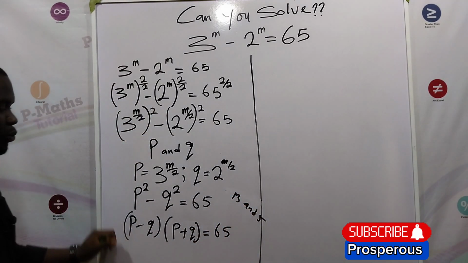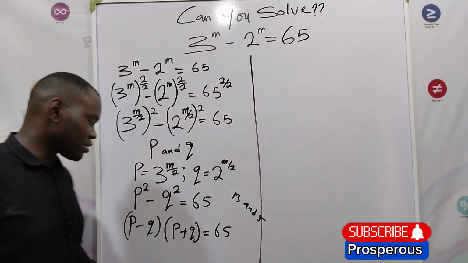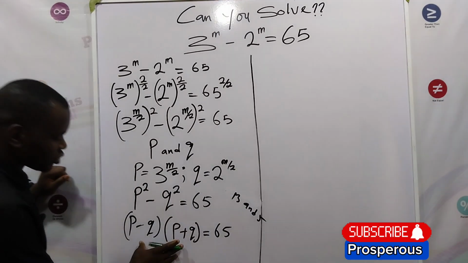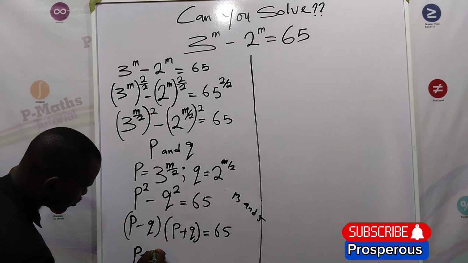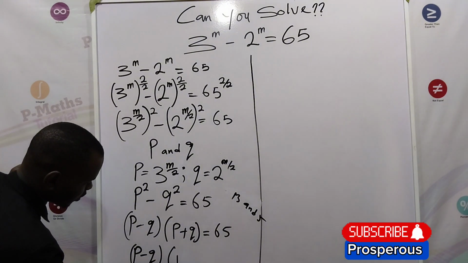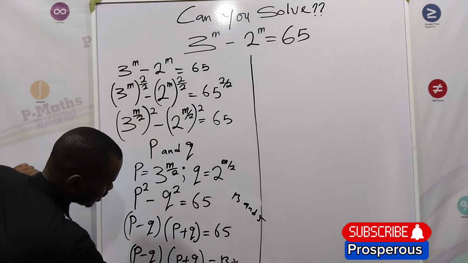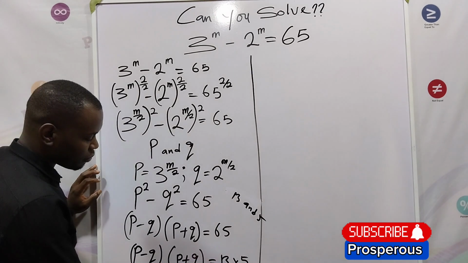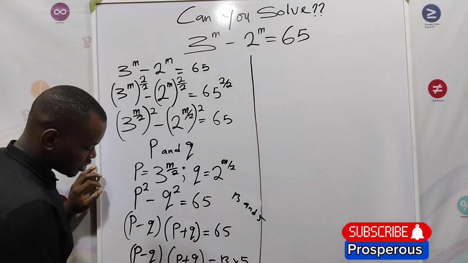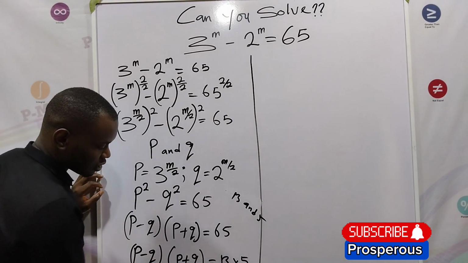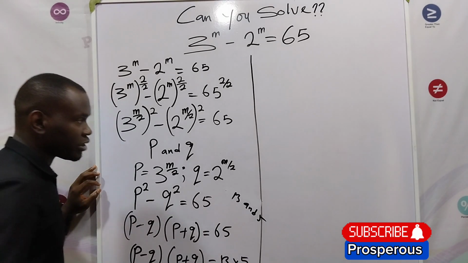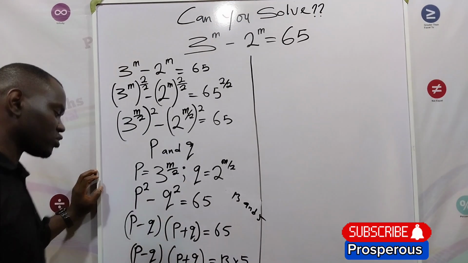Once we do that, we compare and then we have a simultaneous equation. So we have p minus q, then p plus q equals 13 times 5. Then at this point, we compare. Equate p minus q to one of these terms, then this to one of these terms. But the next question is, which do I equate to which?